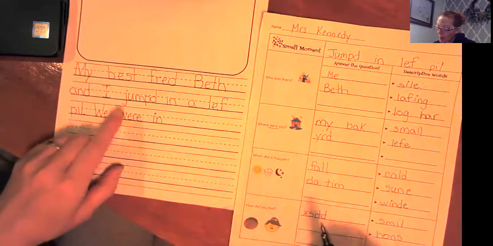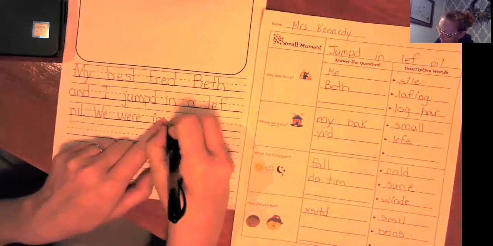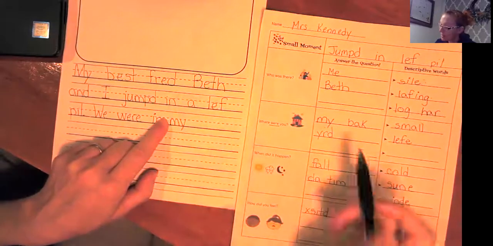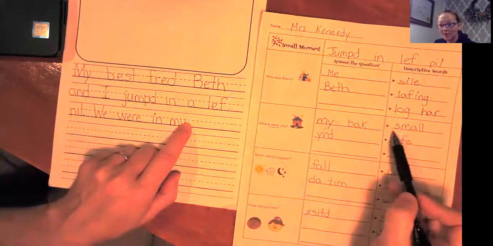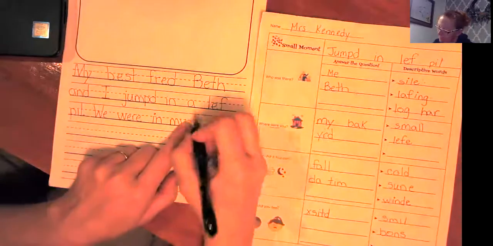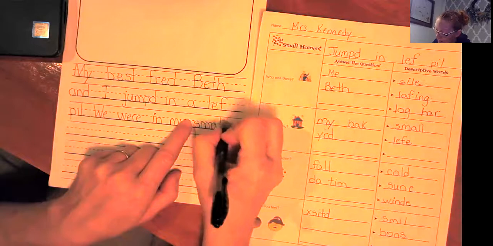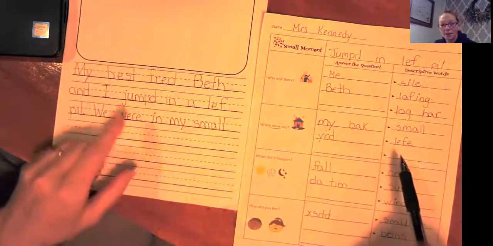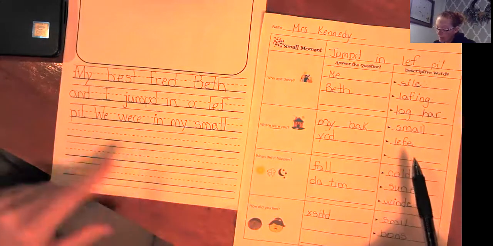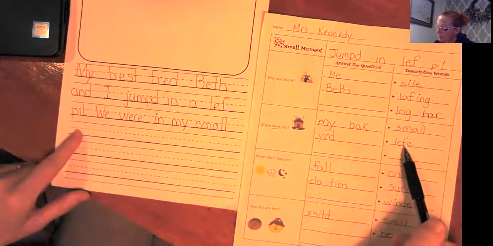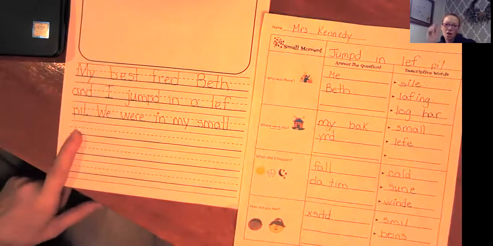So we were in my, because I already did the work. My small, here's small. That's what these organizers are for. So we kind of break up the work. We were in my small and leafy. So let's start with and. And it's a power word.